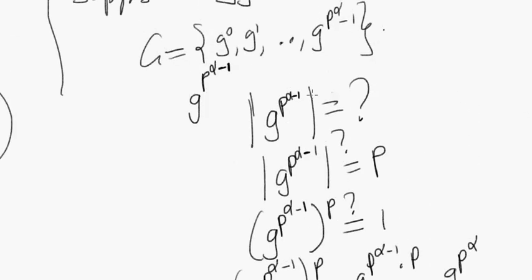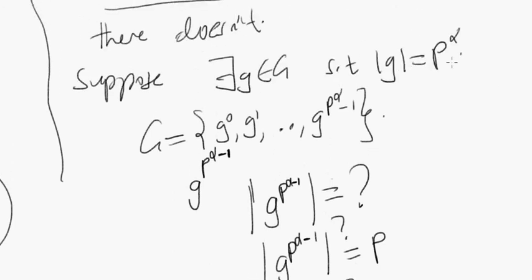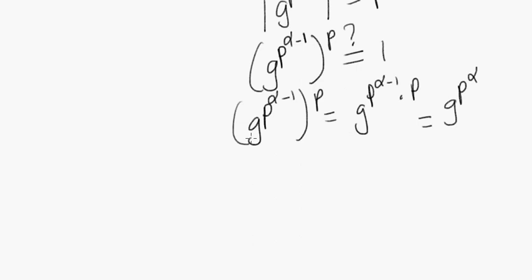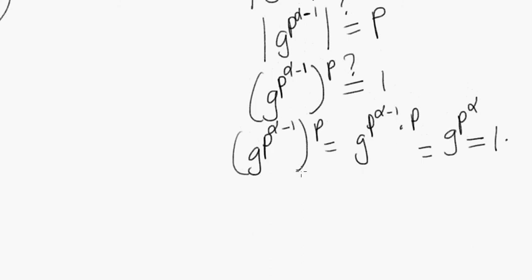But didn't we say that the order of g was p to the alpha? So if the order of g is p to the alpha, doesn't that mean g to the p to the alpha equals 1? Then g to the p to the alpha minus 1 raised to the p, which gives g to the p to the alpha, must also equal 1. Is this enough to show that the order of g to the p to the alpha minus 1 equals p?